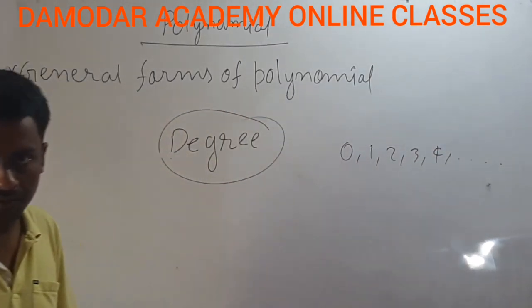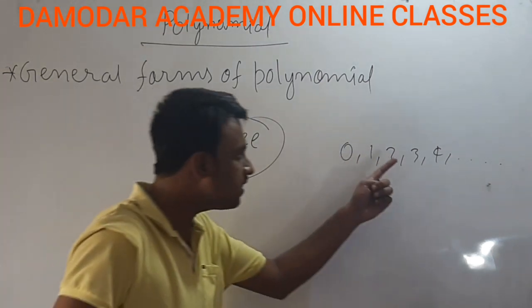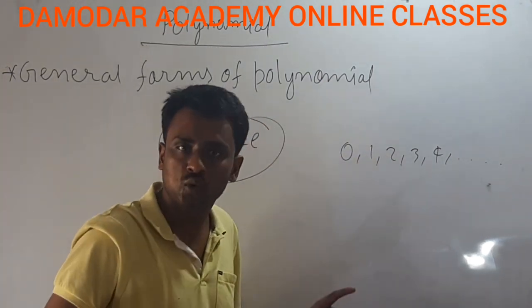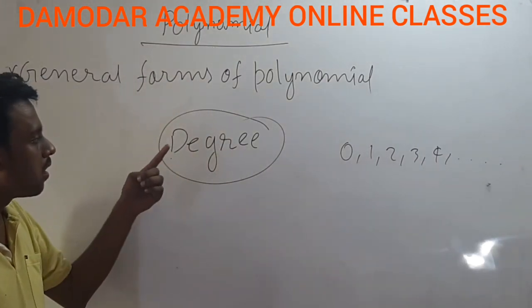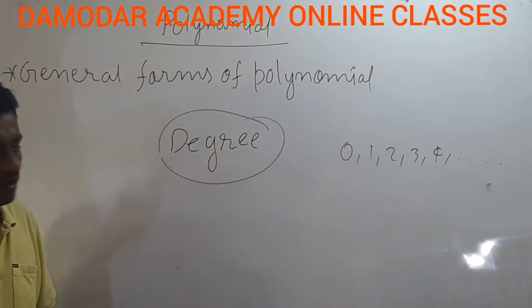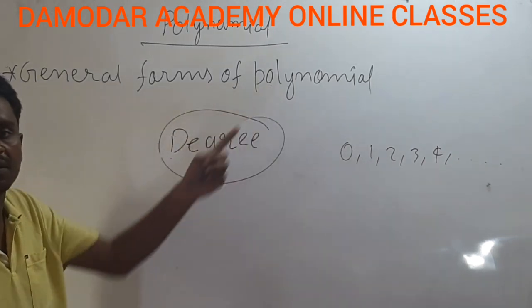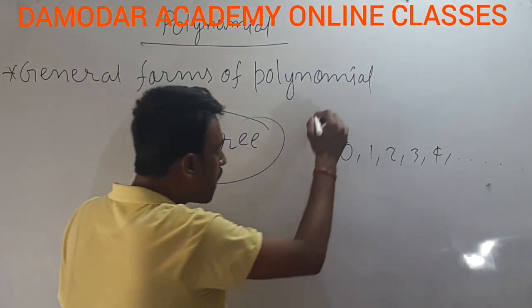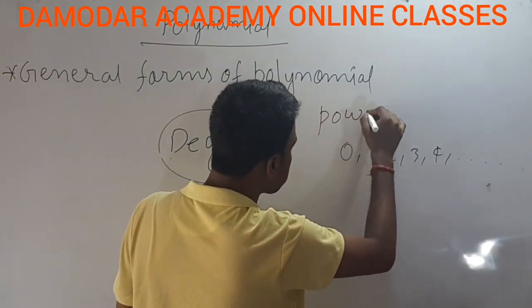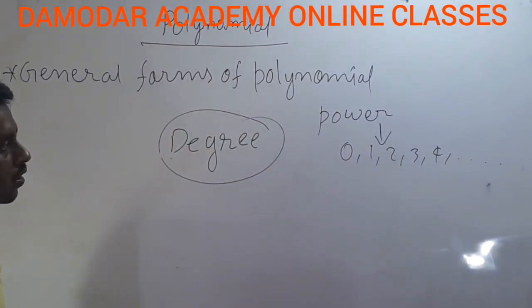These are the whole numbers. Means positive integers together with 0 are called whole numbers. So a polynomial is a special type of algebraic expression whose power is always a whole number.